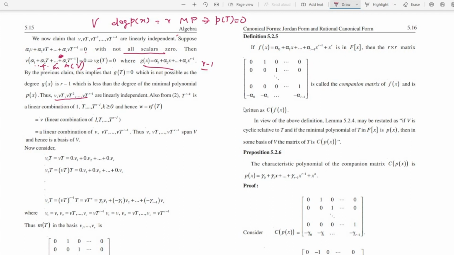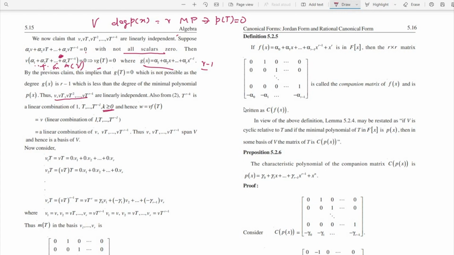Also from equation 2, we can write t power r minus k as a linear combination of 1, t and so on, t power r minus 1, where k is greater than or equal to 0. So because of that, next we need to show that these span V. We consider w, which is known already as the image of v under f of t.